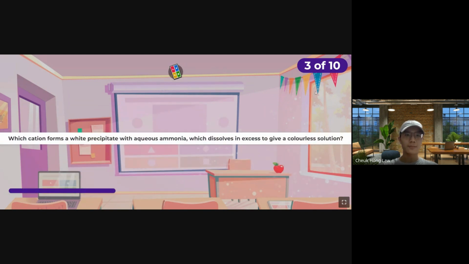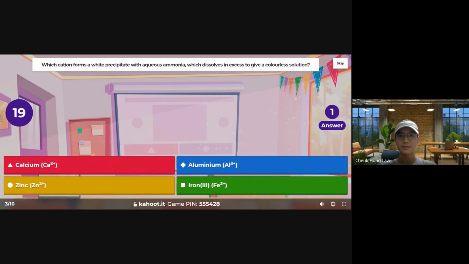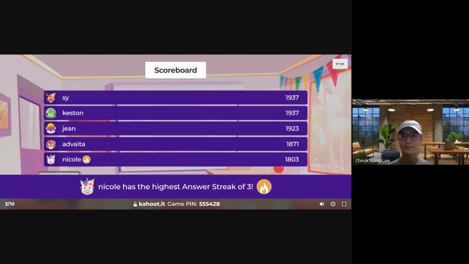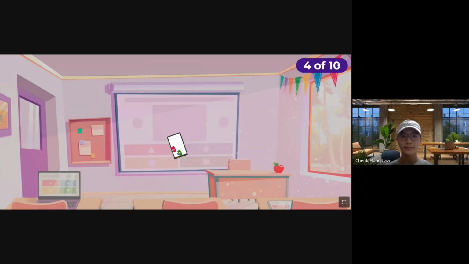Which cation forms a white precipitate in aqueous ammonia, which dissolves in excess to give a colorless solution? So white precipitate with aqueous ammonia that dissolves in excess will be zinc. All right.